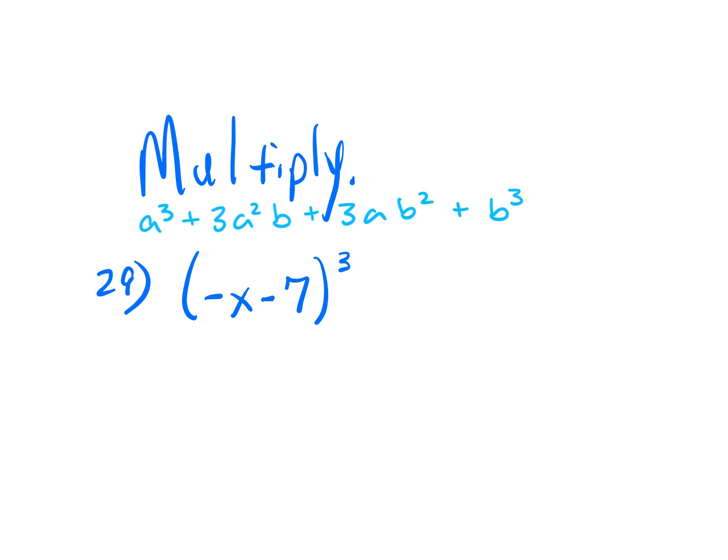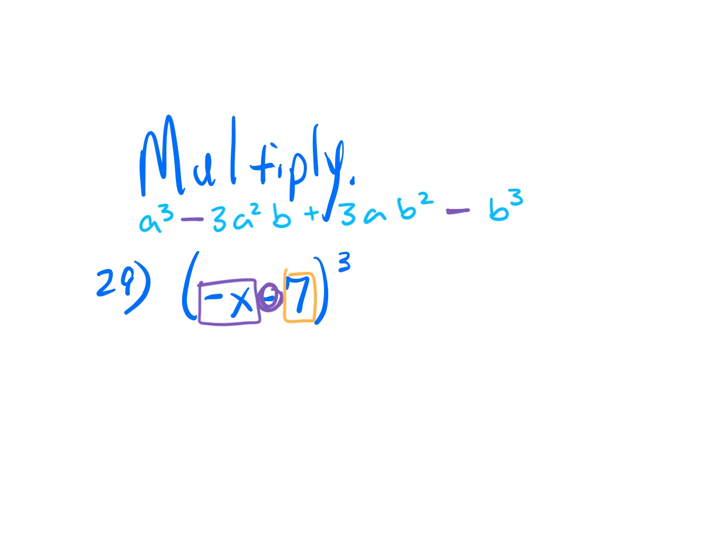We just have to be careful when it's a minus in the middle, also when our first term has that negative there. So our first term is going to be negative x. Our second term is 7, but because we have a minus, our signs alternate. So it's positive, negative, because of that minus in the middle.